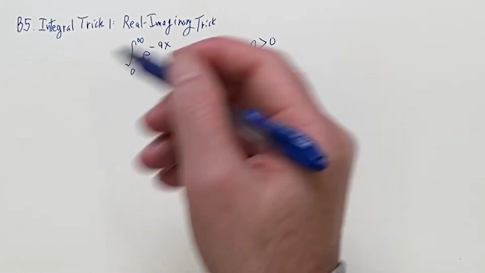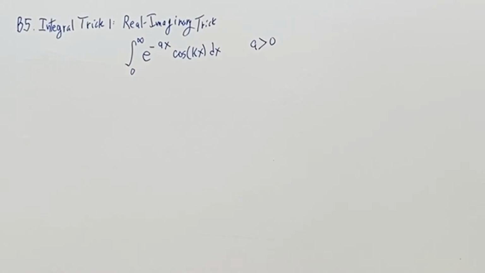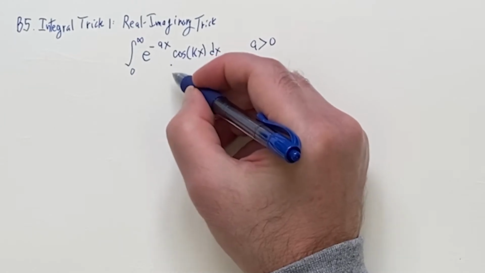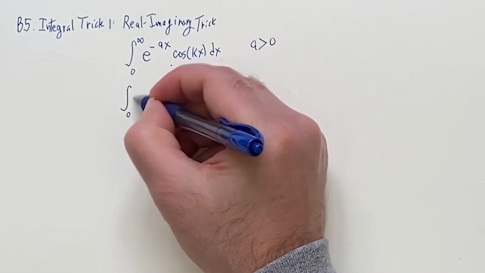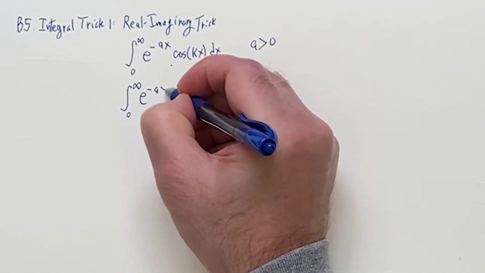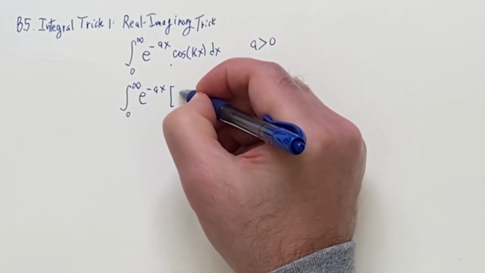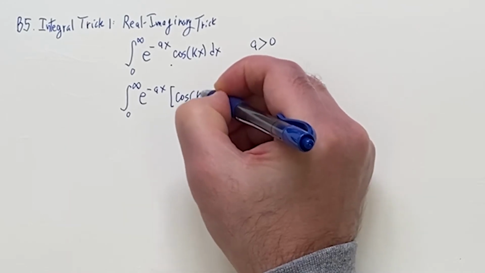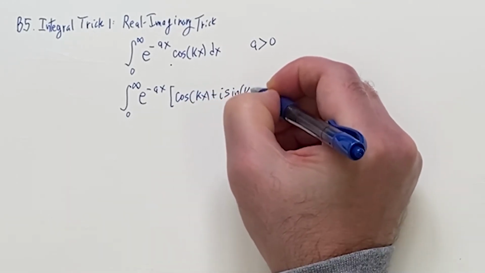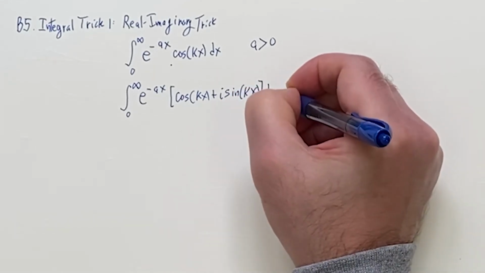And this integral is hard to do. But we can consider doing an integral that actually looks more complicated at first: e to the minus ax times cosine of kx plus i sine of kx. We're doing 2 integrals instead of the 1.